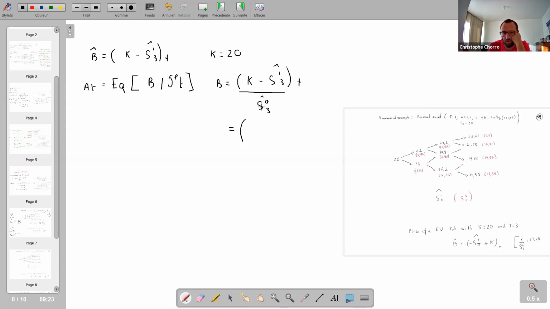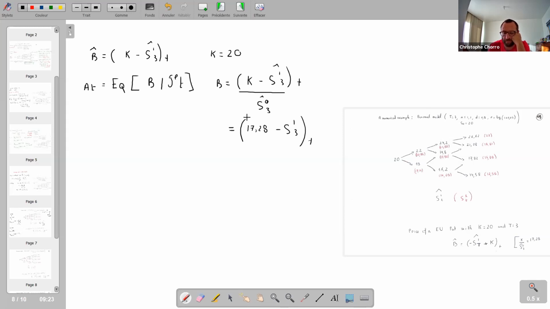K over S₀³_T, so it's what I have written here, is equal to 17.28, minus S₁³ plus the actualized value here, because I divide.